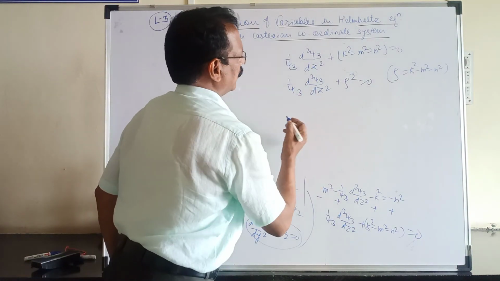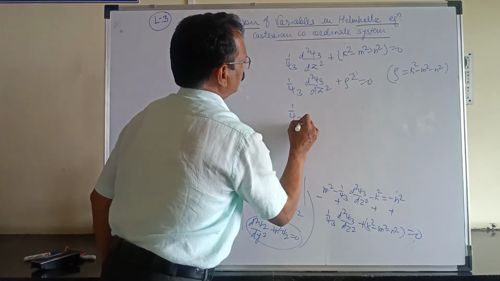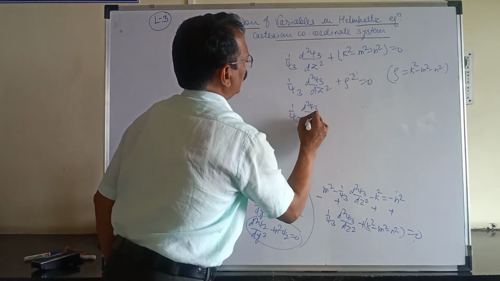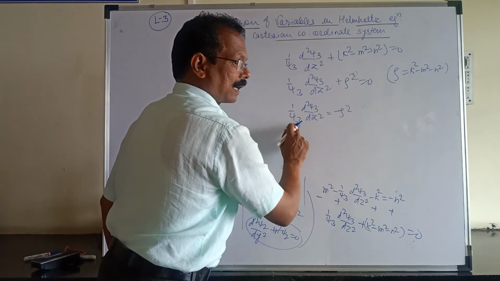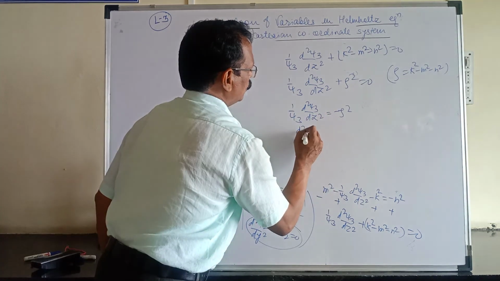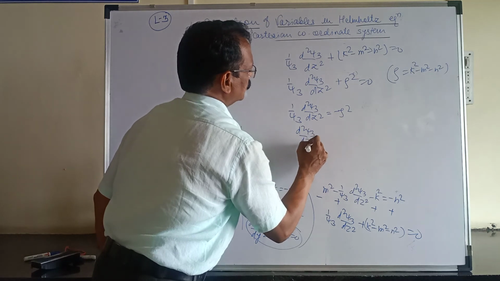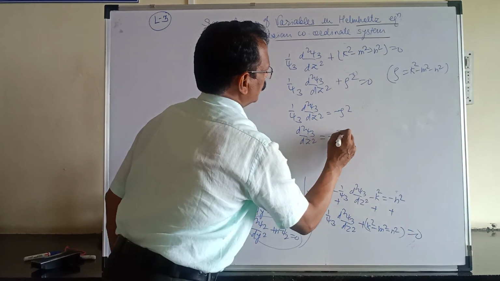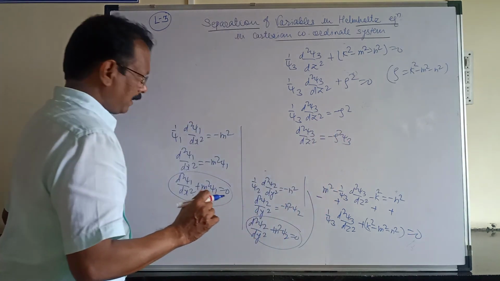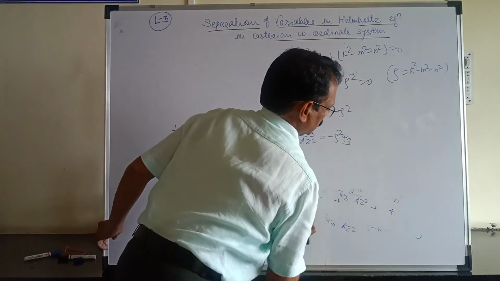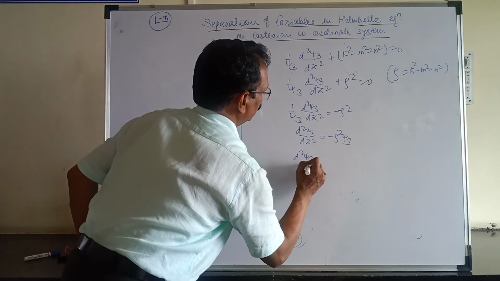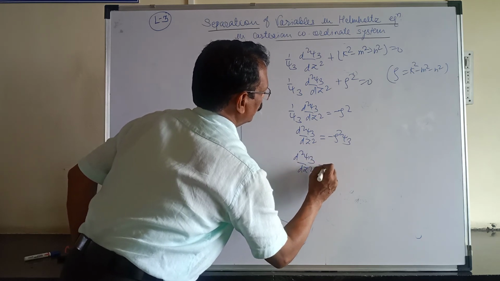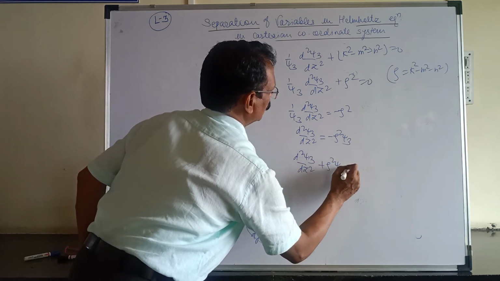So transfer to the right hand side, (1/ψ3)(d²ψ3/dz²) = -ρ². Now this ψ3 transfer to the right hand side. So d²ψ3/dz² = -ρ²ψ3, and in the last step, d²ψ3/dz² + ρ²ψ3 = 0 here.